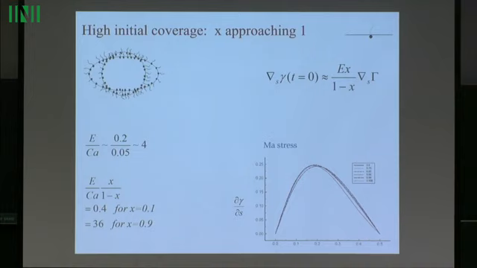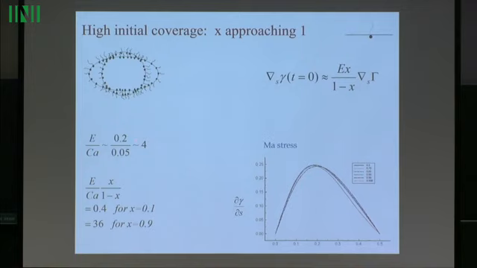And here I just wanted to comment on this behavior. What we've done here is I'm at a capillary number for this case that's 0.05. So E over Ca, which is my Marangoni number, is 4. It's order 1.